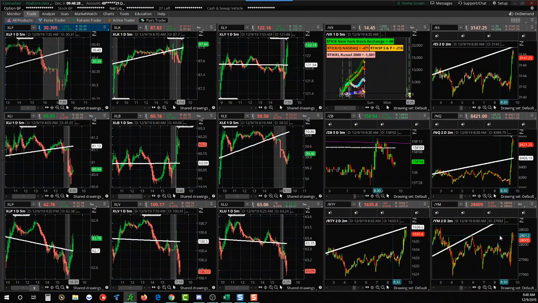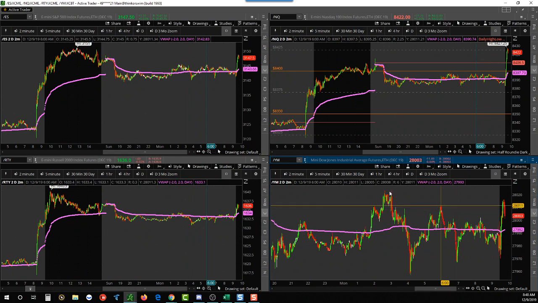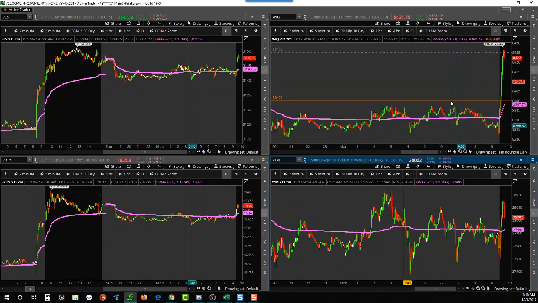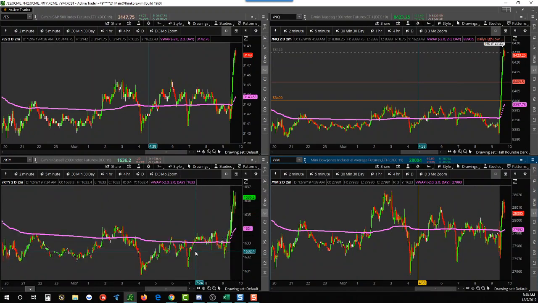I'm a little concerned with the Dow. If we put all 4 of these back up and look at them in unison, it doesn't matter. This pivot point and this pivot point in the Dow concerns me. Notice that the NASDAQ is well above all of those ranges. And the S&P well above those ranges, those 2 pivot points. And in the Russell, again, well above those pivot points.